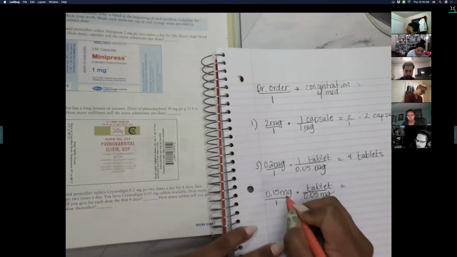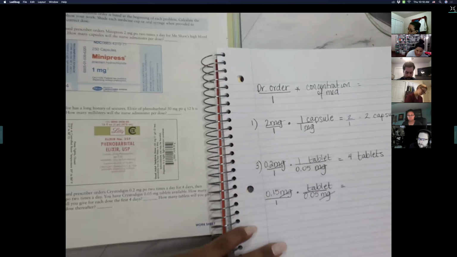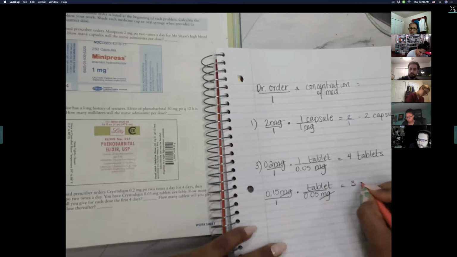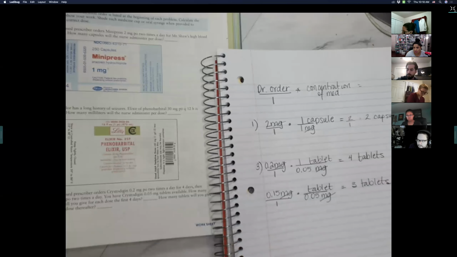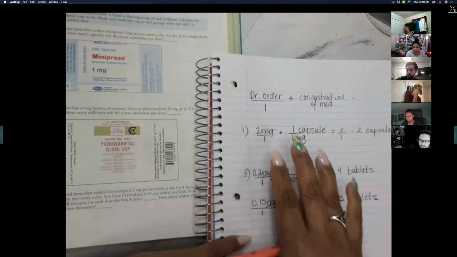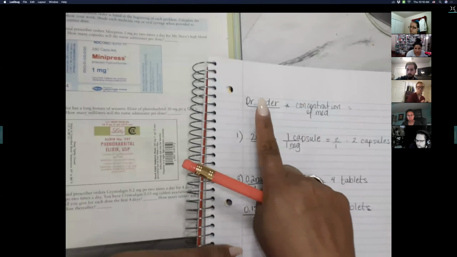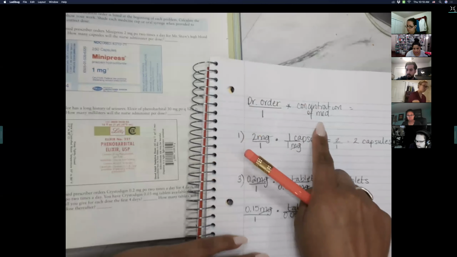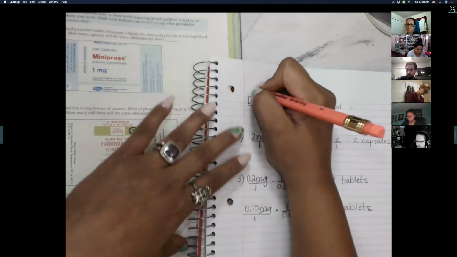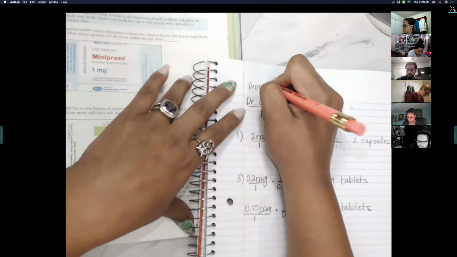Same thing, my milligrams are going to cancel. I'm going to take 0.15 divided by 0.05, and that's going to give me 3 tablets. Sound good? Okay, this is literally your doctor's order times your concentration of medication. This is our process A.